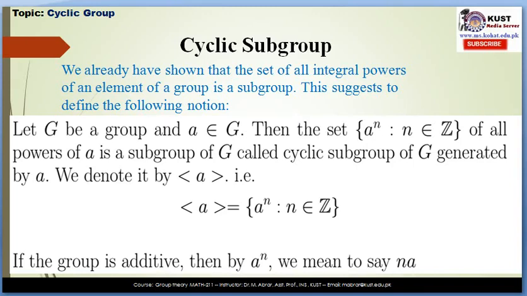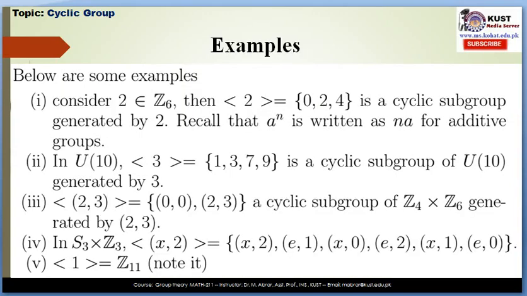Okay, here we have some examples. We consider 2 from the group of addition modulo 6, and we start computing the powers of 2. Here powers mean we have to start adding this 2 one time, 2 times, 3 times, and so on.